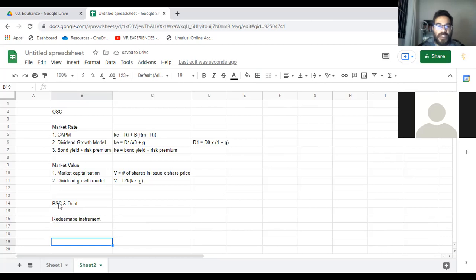I use the word instrument because we're referring both to preference shares and debt. I don't want to say redeemable debt or redeemable preference shares, because preference shares and debt are both instruments. So the first thing you need to identify for the one you need to calculate is whether it is redeemable or non-redeemable.